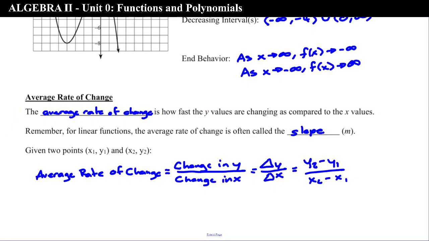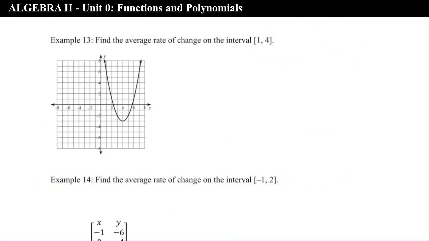Now that we have a formula, let's do a couple of examples of doing average rate of change. So in example 13, find the average rate of change on the interval 1 to 4. Okay, and we're given a graph that goes along with the function that is being questioned about. So the first thing we want to do is find out what our x1, y1 is, and what our x2, y2 is.